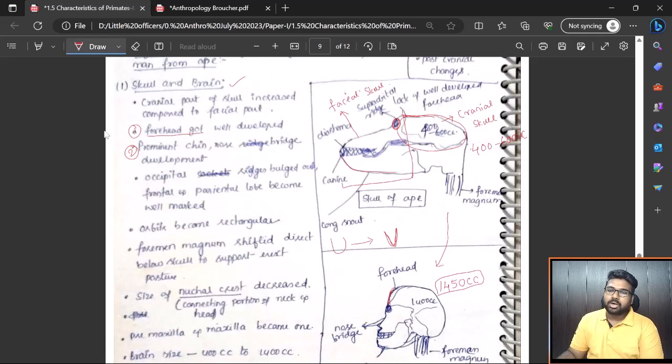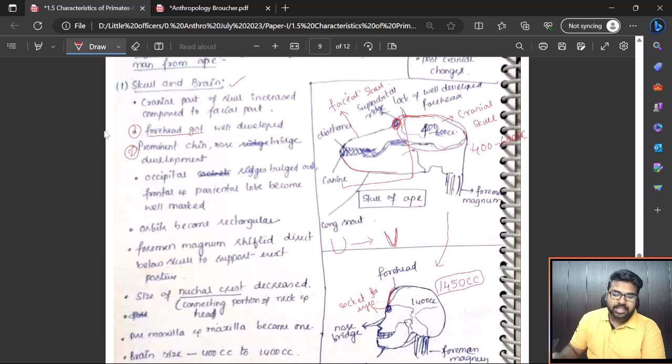So these can be called occipital ridges. So they started protecting the eye in a better manner. So that is another change that has happened. The supraorbital ridge started reducing and providing better sockets for eyes.